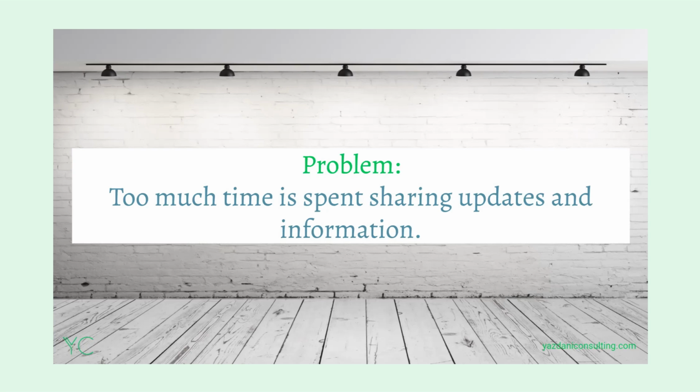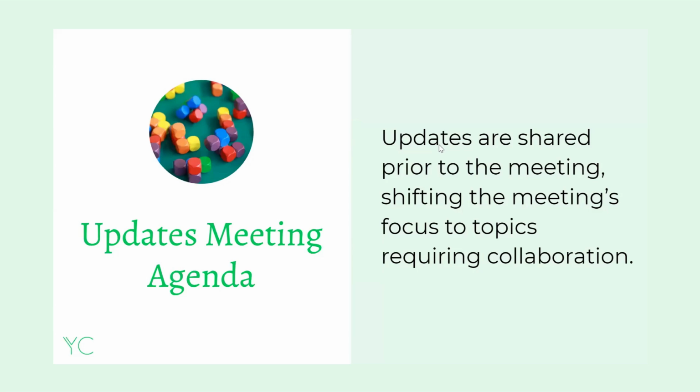These meetings can feel like mini lectures with very little discussion or collaboration. We solve this problem by collecting and sharing updates prior to the meeting so that we can shift the meeting's focus to topics and discussions that actually require collaboration, that actually require people to be together.